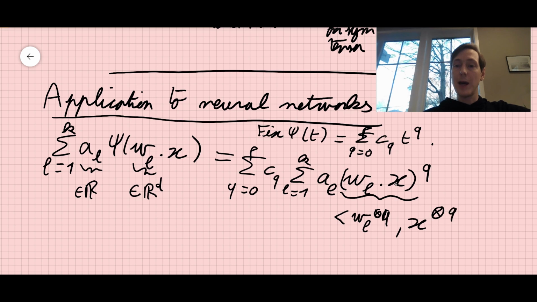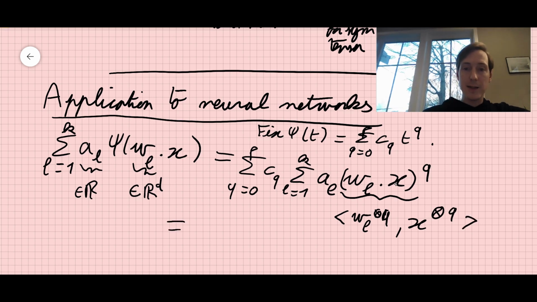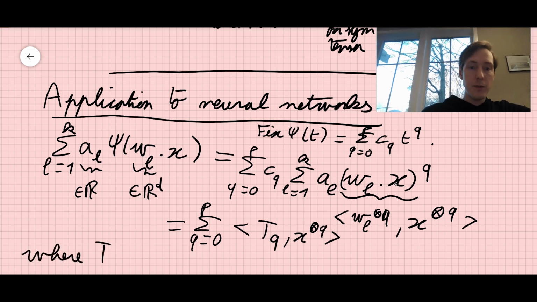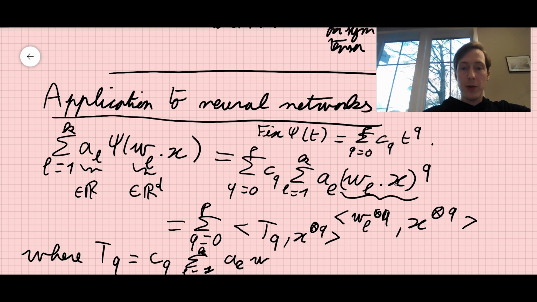So now by linearity, I can rewrite this as the sum for q equals 0 to p of T_q, a tensor of order q, applied to x to the q, where T_q is nothing but c_q times the sum for l equals 1 to k of a_l w_l to the q.